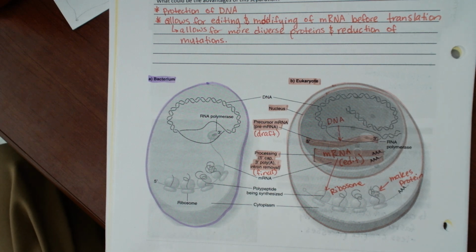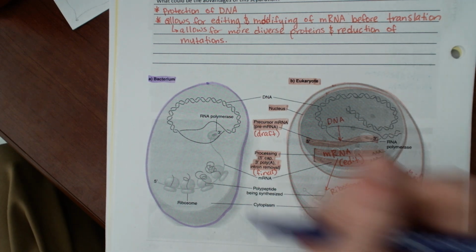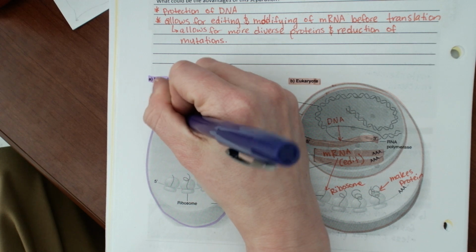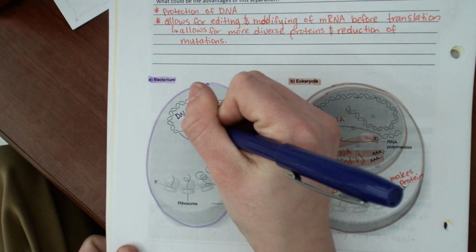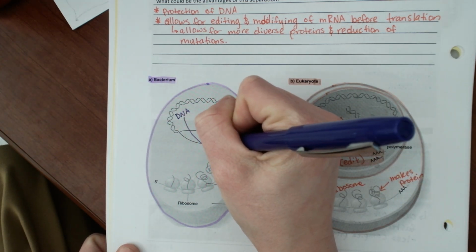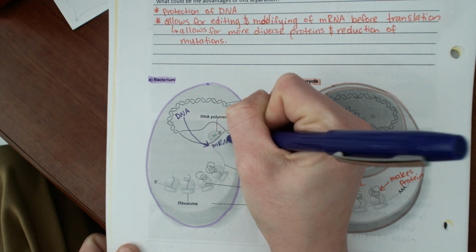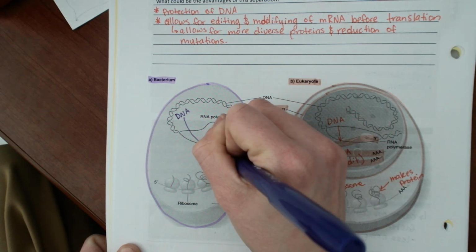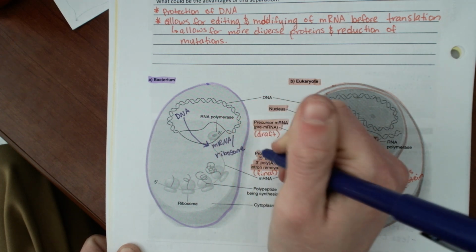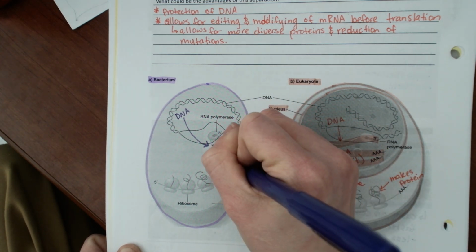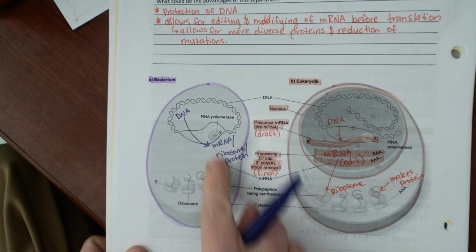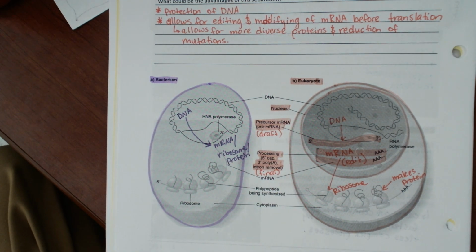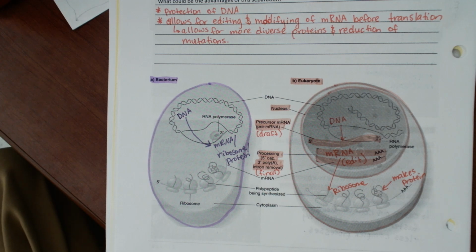Whereas in your prokaryotic cell, your DNA goes straight to mRNA slash ribosome slash protein. There's no delay. It's immediate. As soon as that bad boy's made, it gets produced, which again is much faster and more efficient, but also it limits you in what proteins can be made.